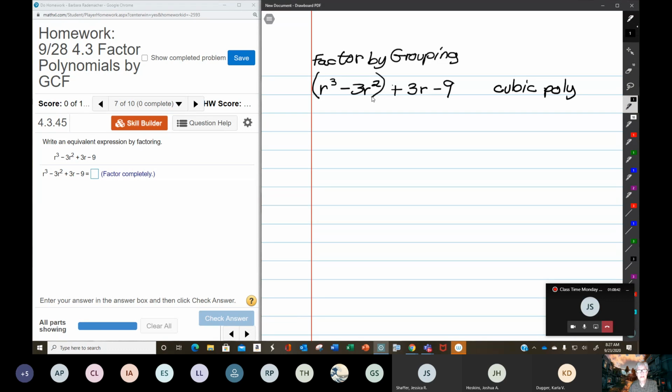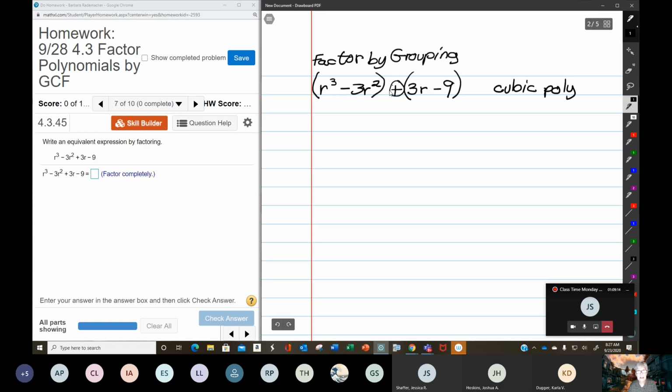I take the first 2 terms and I group them together with parentheses. And I take the second 2 terms and I group them together with parentheses. It's very important that you leave your plus sign in the middle. It doesn't belong to this set of parentheses, and this plus sign does not belong to this set of parentheses. It stays in the middle, and you can't forget it.